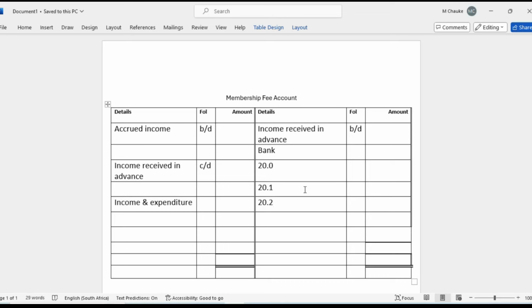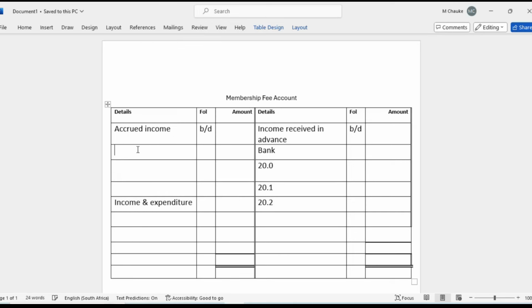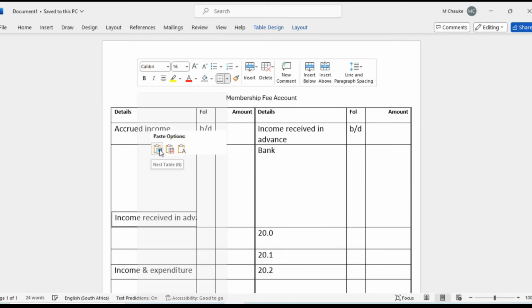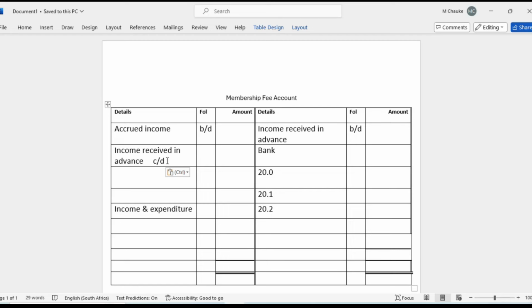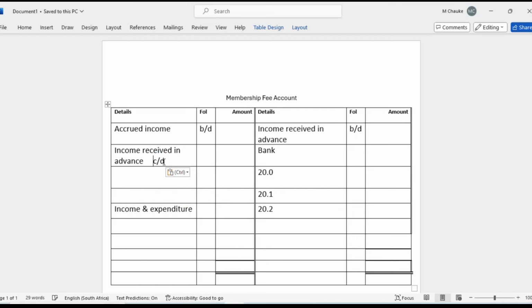And then now, let me copy this one up there. Right, and then this one comes here.